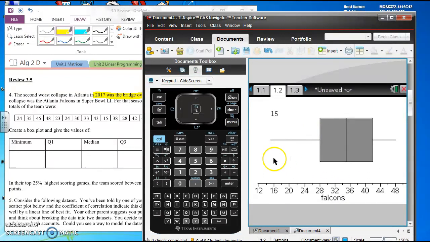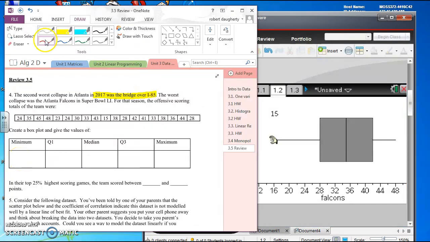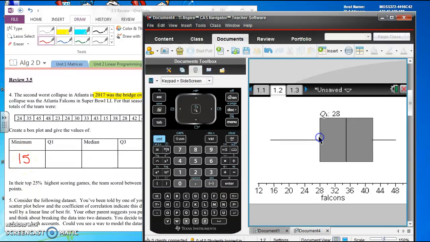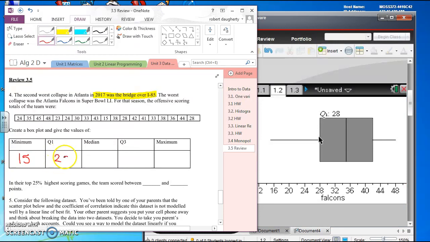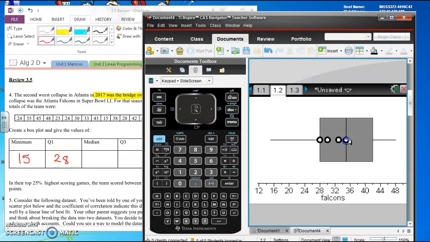So in a box plot, I will find the minimum right here at 15. So the minimum is 15. If I come back over here, I see Q1 is 28. The median is this line right here in the middle, that's 35.